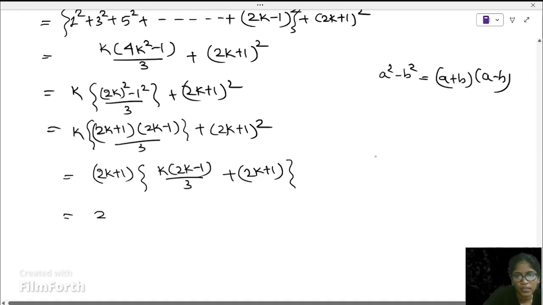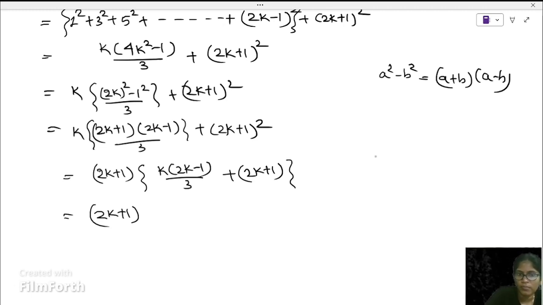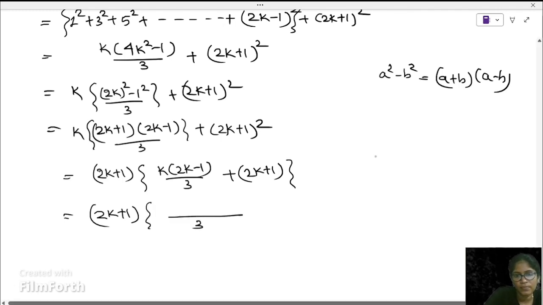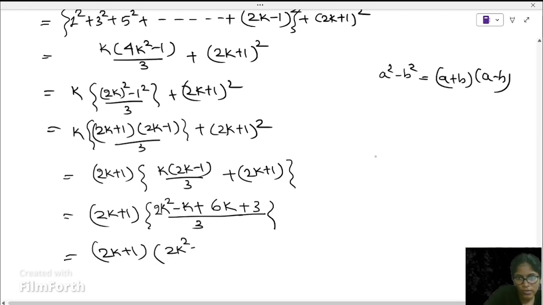That's equal to 2k plus 1 into, taking 3 as LCM, 2k square minus k plus 3 into 2k plus 1, which is equal to 6k. 3 into 2k is 6k plus 3 into 1 is 3, which is equal to 2k plus 1 into 2k square plus 5k plus 3 divided by 3.